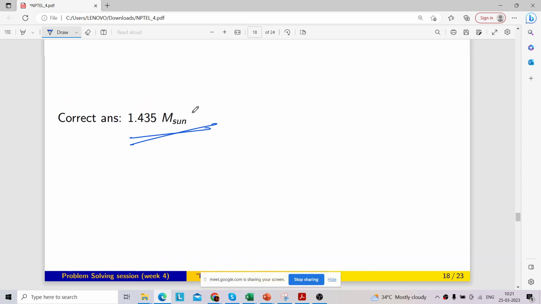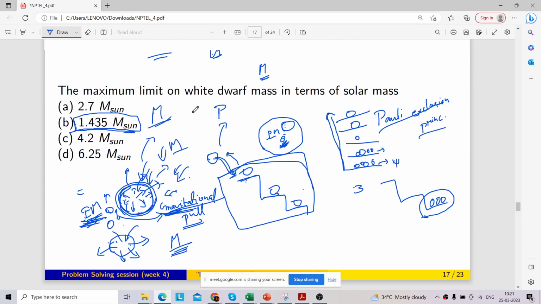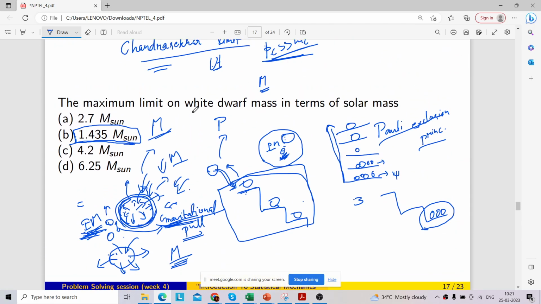You understood why there is an upper limit for a white dwarf: it is due to the fact that electromagnetism dominates over gravitation after some mass, and this limit is known as the Chandrasekhar limit.